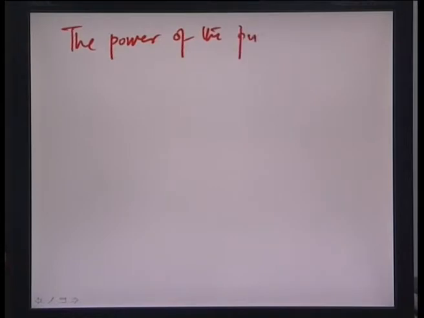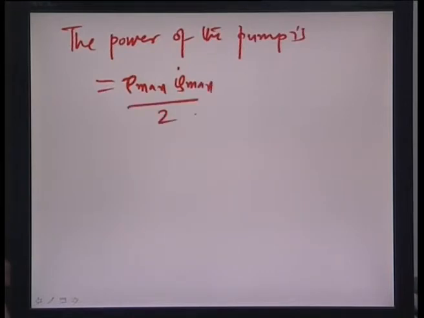So, let us go and solve this particular example. We first calculate the pumping power. The power of the pump is really equal to P max times Q dot max by 2, right. P max here is about 5 kilopascals, the total maximum back pressure against which the flow has to work.